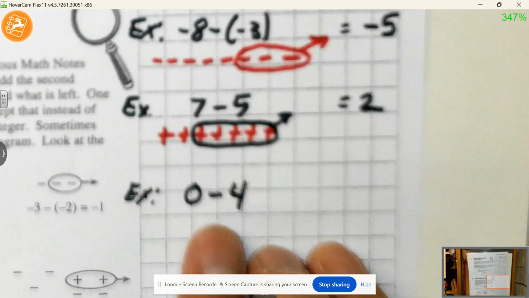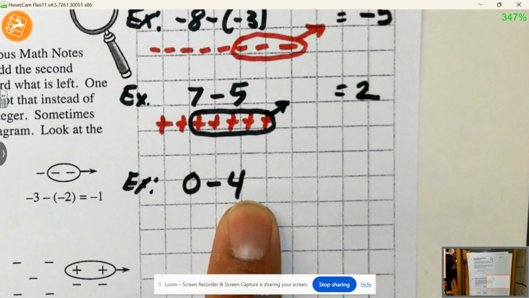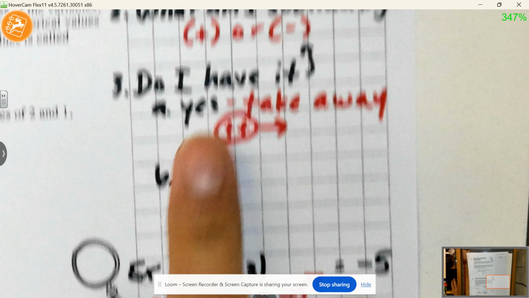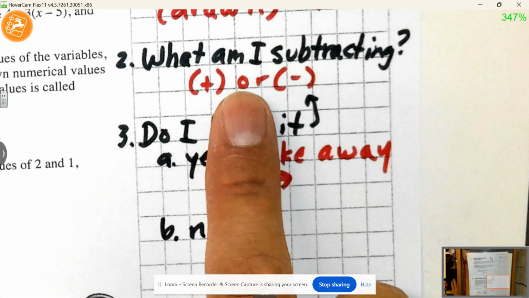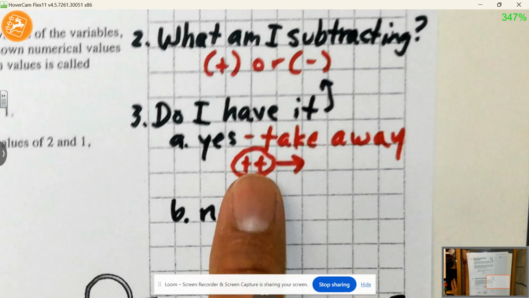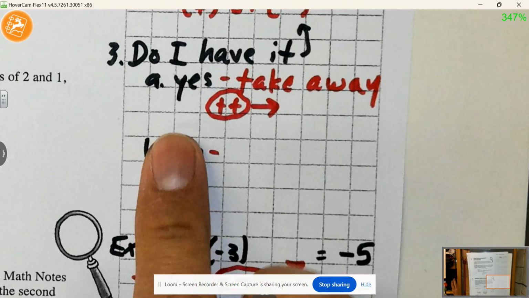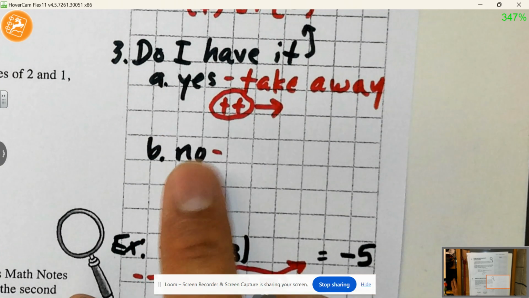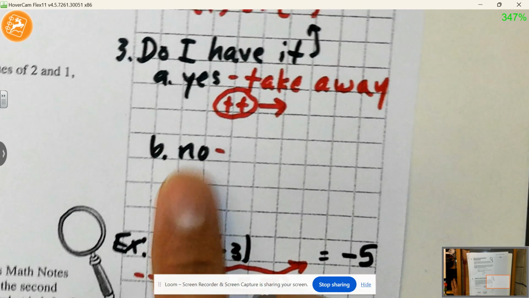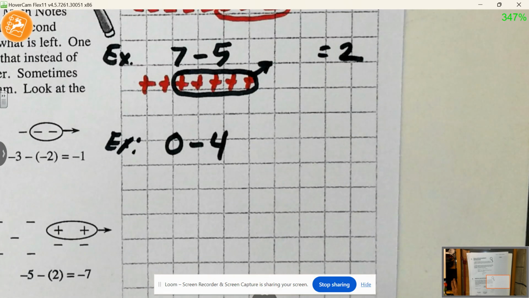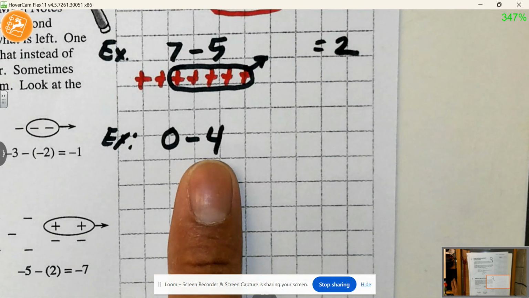There it is. And I'm subtracting 4 positives. But do I have 4 positives? I don't have them because 0 gives me no tiles here. So the question is, do I have it? The answer is no.